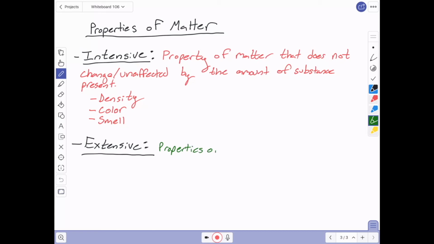Properties of matter that are affected by the amount of substance present.